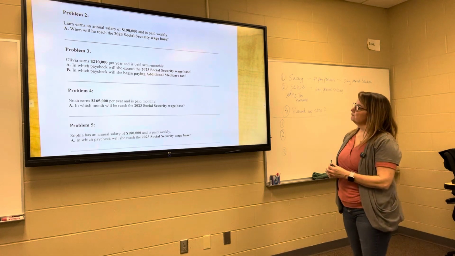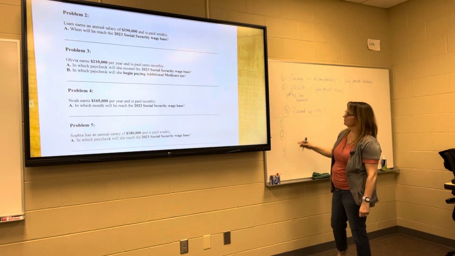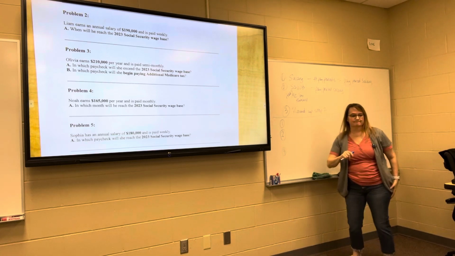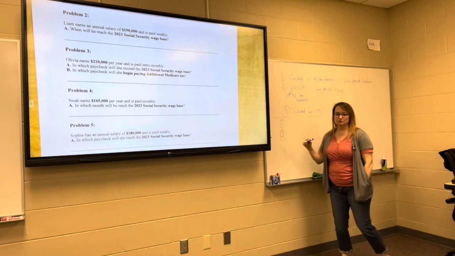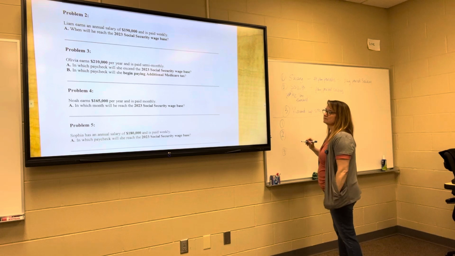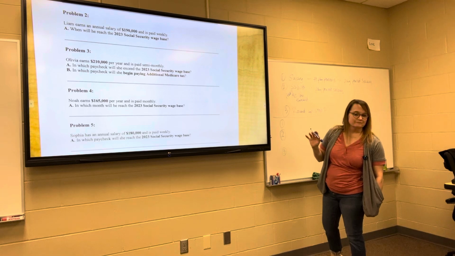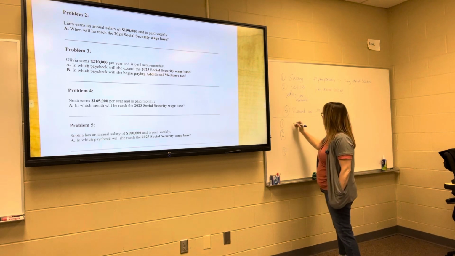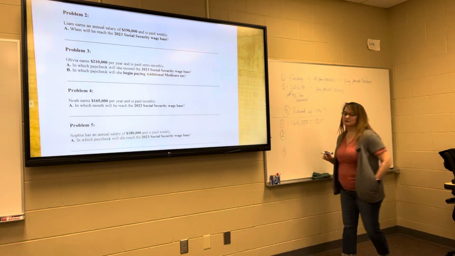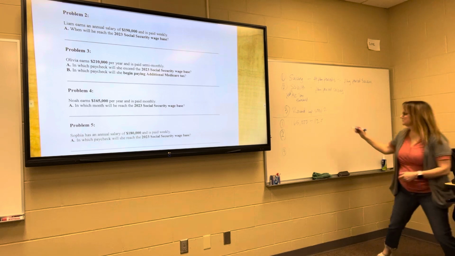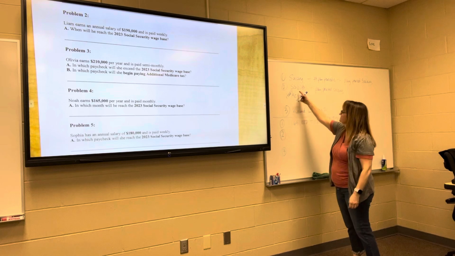All right, number 4. Noah earns $165,000 a year and he's paid monthly. So what's the first calculation? Divide what by 12? Yeah, divide his salary by 12, 165,000 divided by 12, 13,750. Thank you. All right, number 2, we're going to take the Social Security wage base.